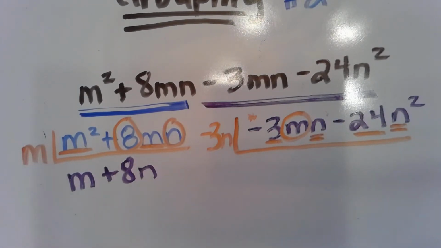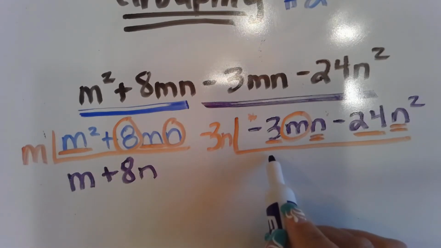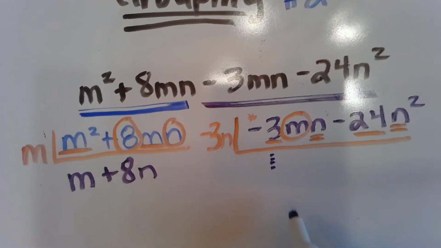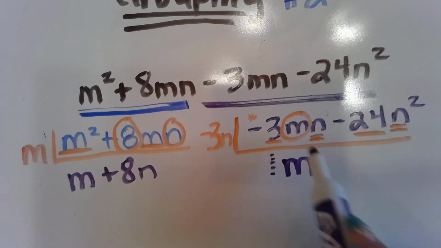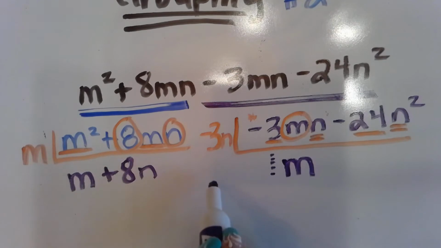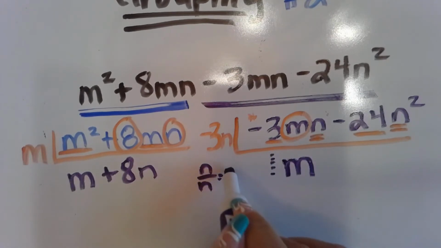All right, let's start dividing. Negative 3 divided by negative 3 is going to be a positive 1. And for anything down here, I'll just do my imaginary 1. We didn't do anything to our m, so we're bringing our m down. n divided by n cancels out. And remember, n divided by n equals 1, okay?